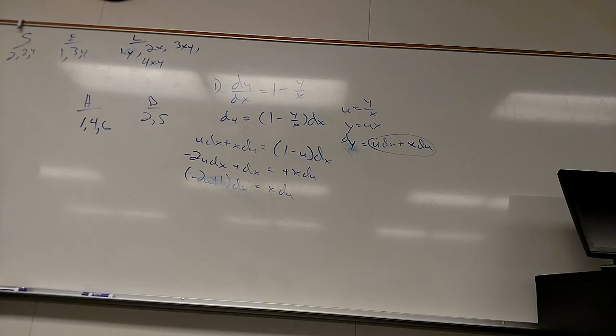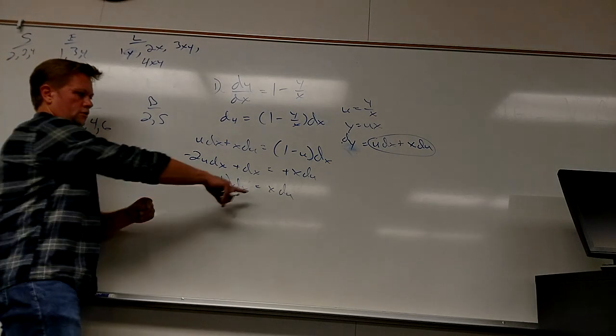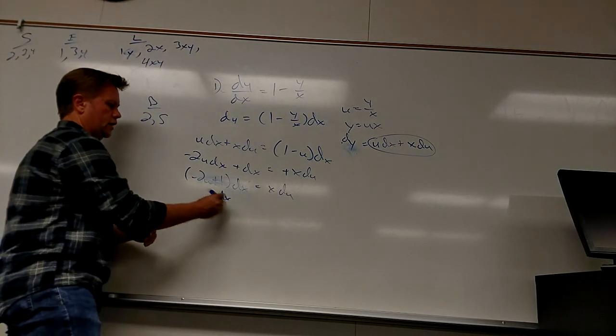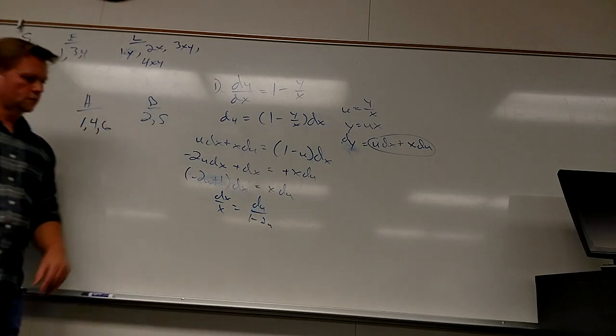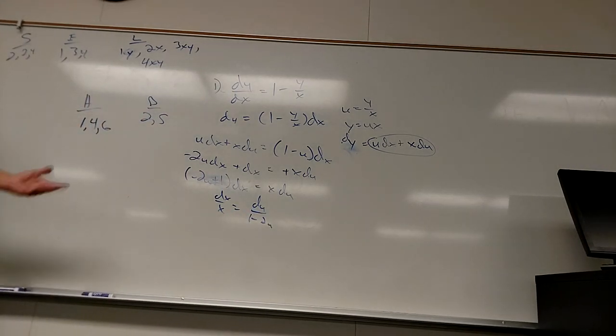But if you just look at it as memorization, I agree, that's kind of crazy. You have to look at it more as understanding what the purpose of things is, right? So this tries to make it separable. So now I get dx over x equals du over 1 minus 2u. And that's relatively easy to integrate, right?